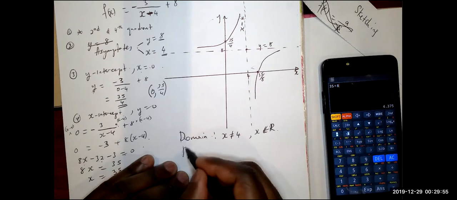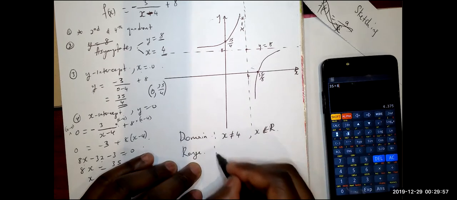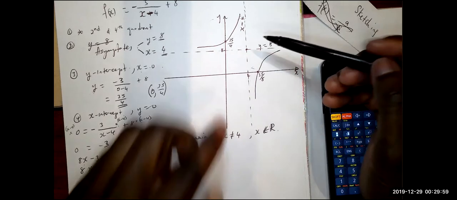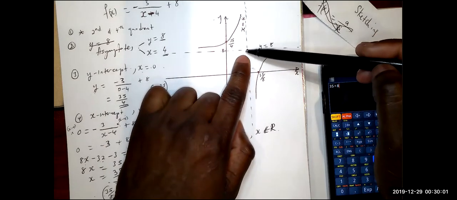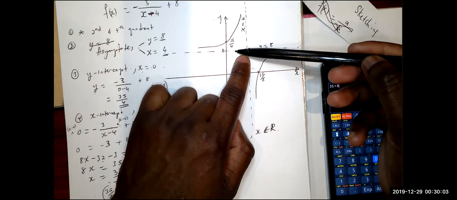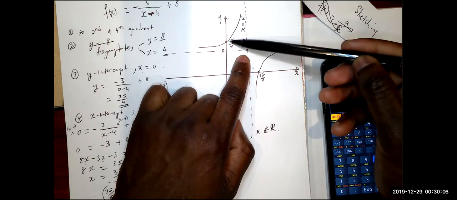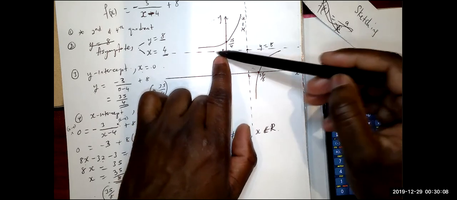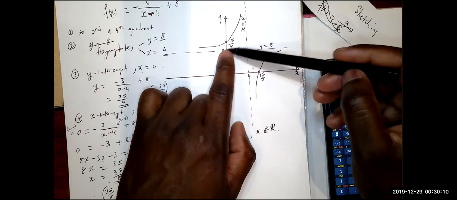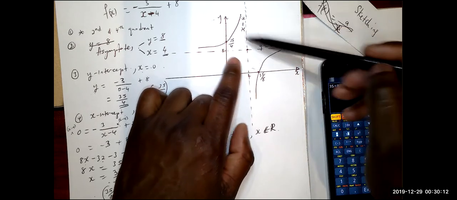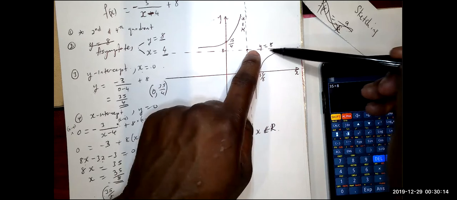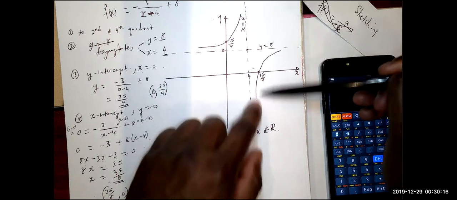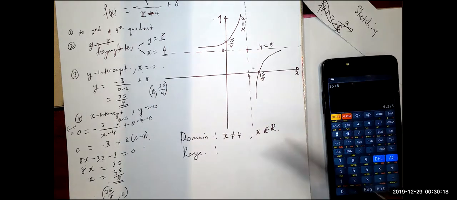Now, what about the range? In terms of y, the y value doesn't touch 8, but from 8 it approaches infinity. Then here again, it doesn't touch 8, but from 8 downwards, it approaches negative infinity.